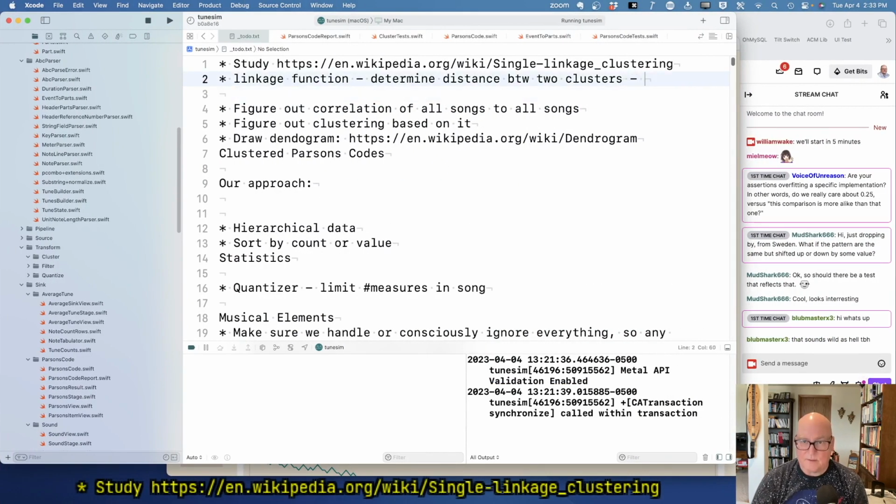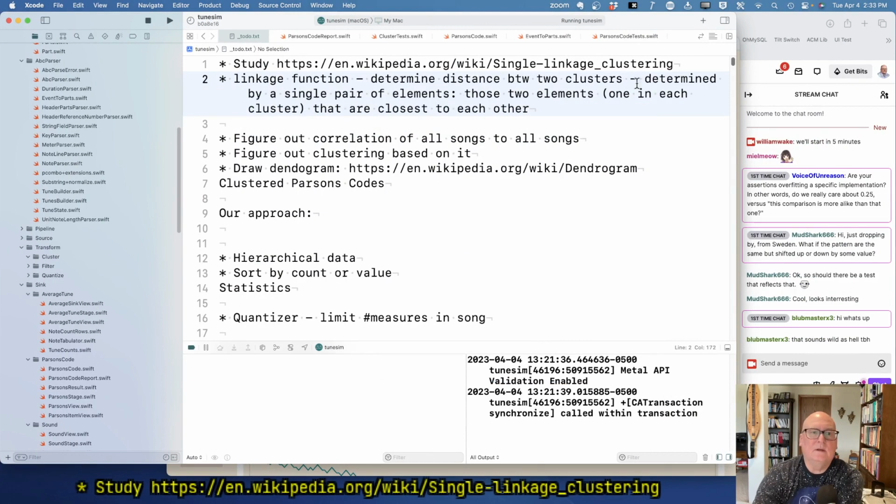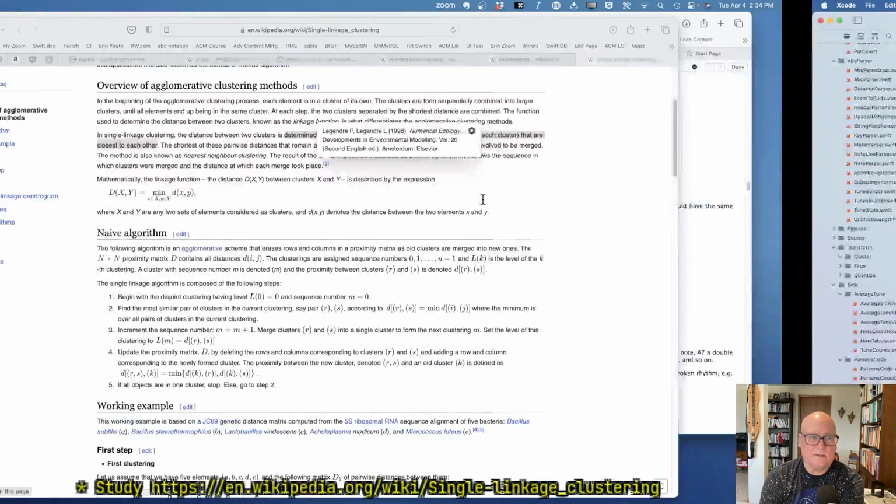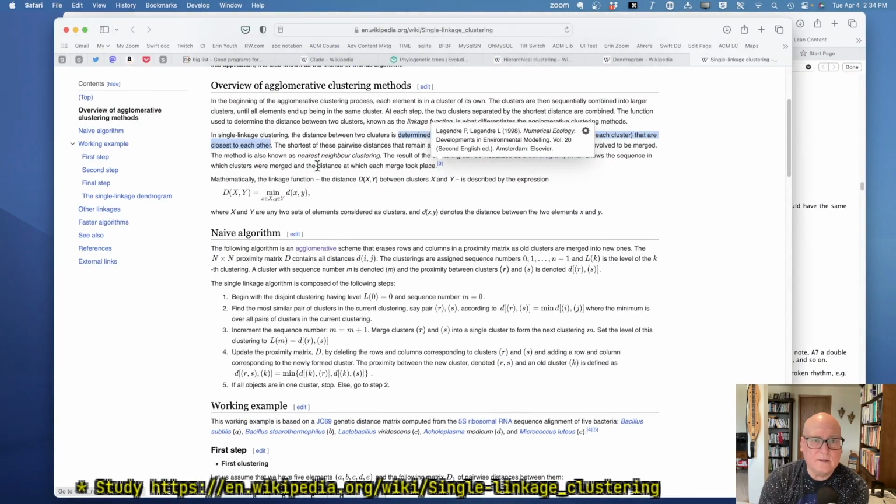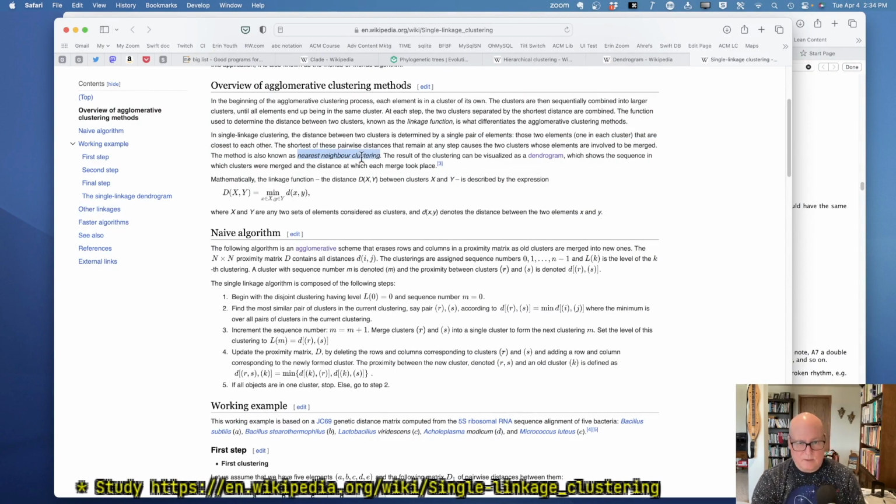Determine distance between two clusters, and we're going to do determined by a single pair of elements, two elements, one in each cluster closest to each other. Okay, so all right, so we know the individual distances. Okay. Nearest, we're going to do nearest neighbor clustering.